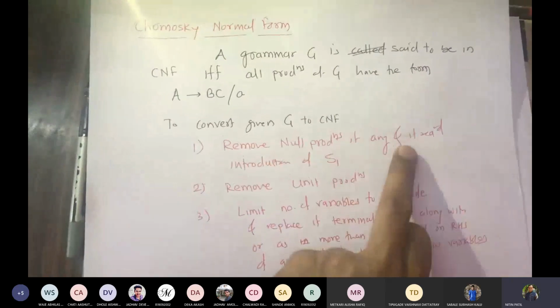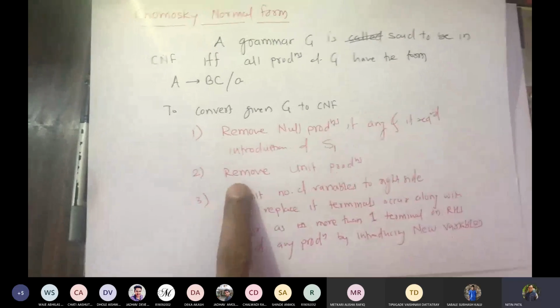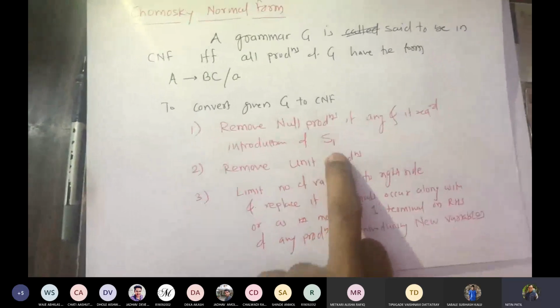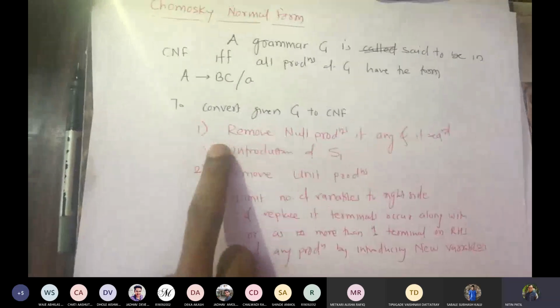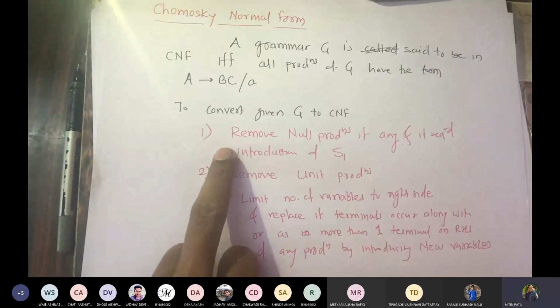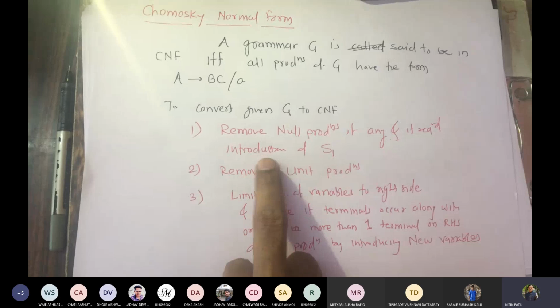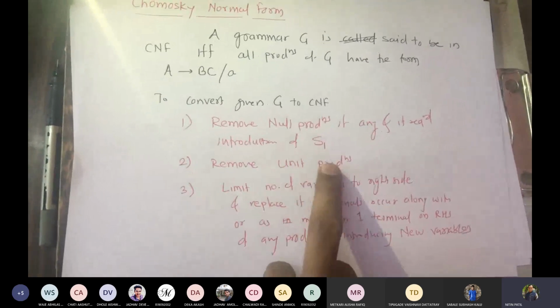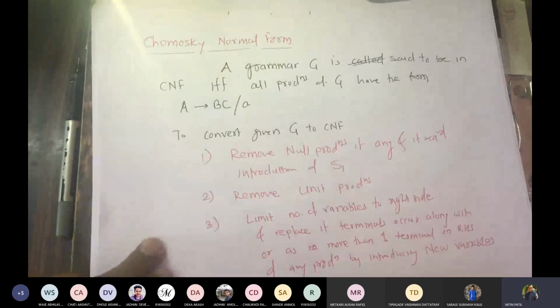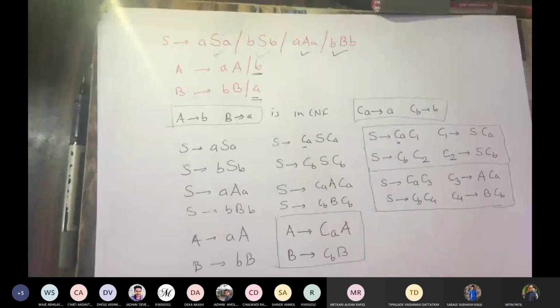First remove null productions, if any. Then, if required, introduction of S1. We saw that in the previous session. Then whatever grammar results after removal of null productions and, if required, introduction of S1, from that grammar we will now remove unit productions. Then we will apply the process which we applied before. Is that fine?